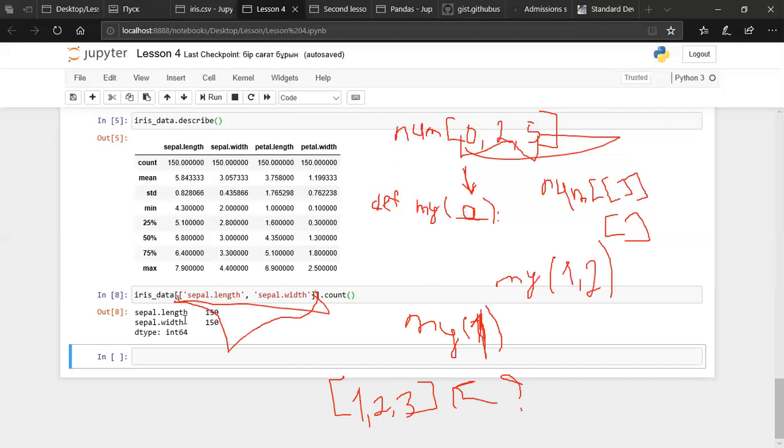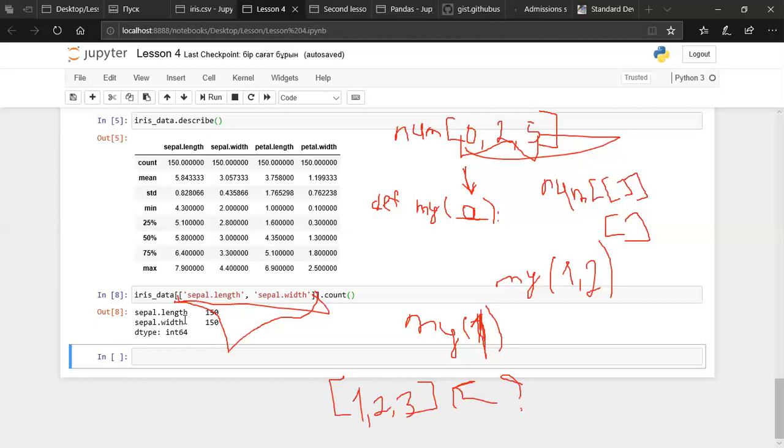Can you say now what will be the mean? How to calculate the mean? Mean is basically equal to the sum of the values divided by their count. Do you know how to do that in Pandas? I think there was a function called mean.